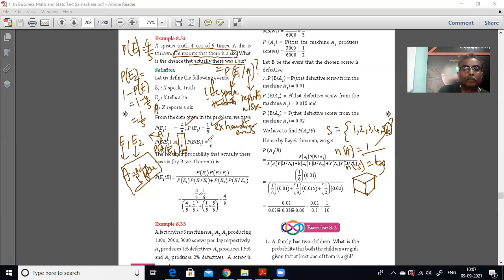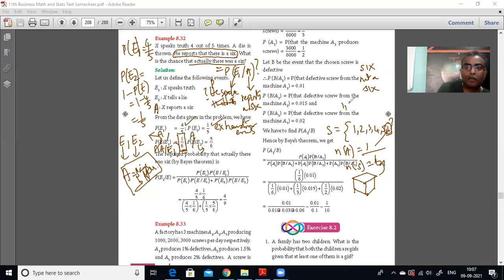Okay. Now, this fellow has spoken a lie. What is the probability of getting a 6? That means he has said that there is a 6, but actually there is not a 6 because he has told a lie.